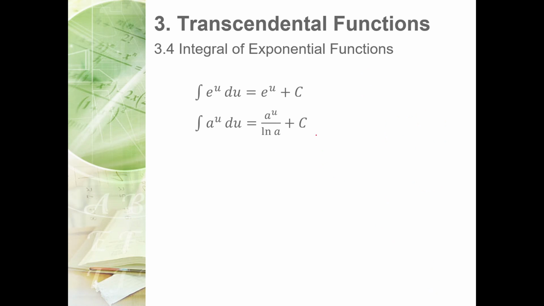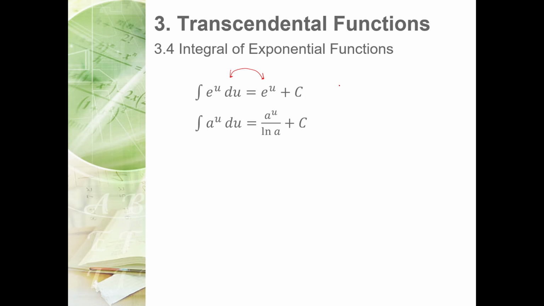Next is the integral of your exponential function. I'll just discuss this one together with the hyperbolic functions because this is an easy integral also. So the integral of e to the power of u du is equal to e to the power of u plus c. Again, this one is just the reverse of the other.